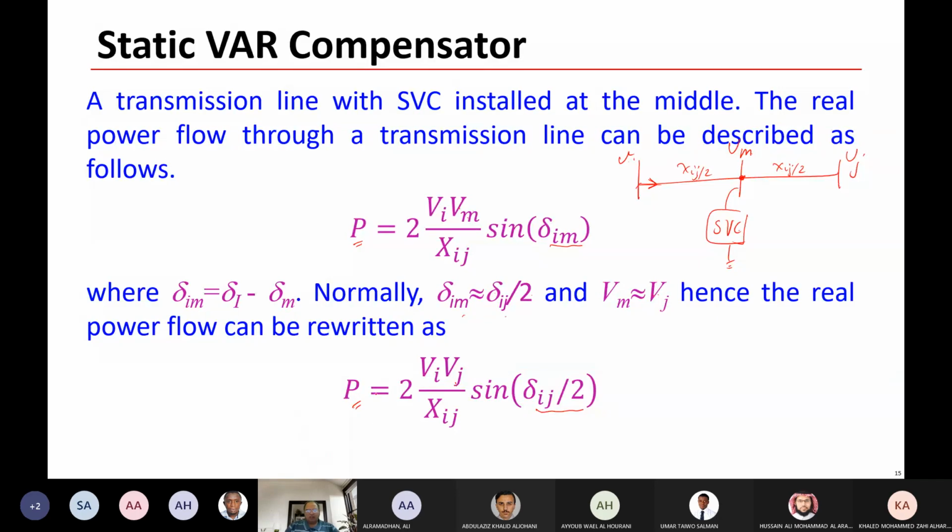As you can see here, you can see how the static power compensator affects the power now. So, for example, at what angle does this B become maximum power? At which angle?